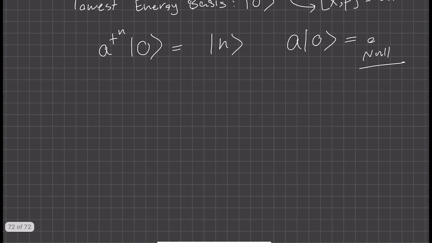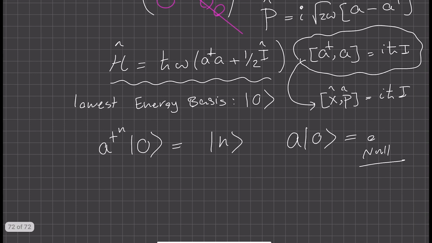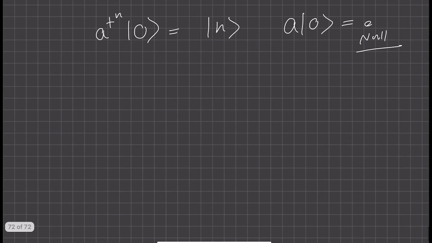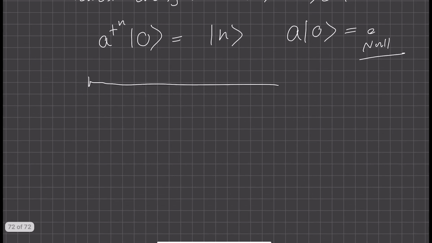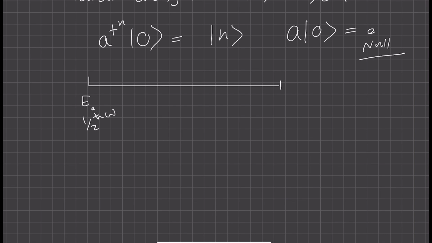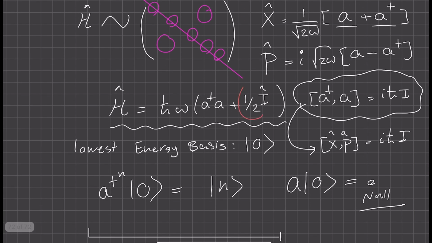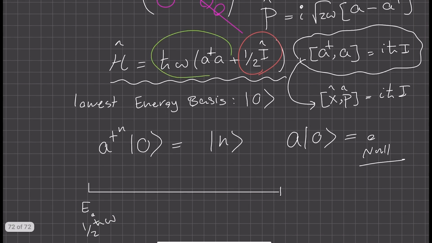Realize that when we are expressing the Hamiltonian as a dagger a plus 1 over 2, we have some ground state energy. We call it E0. And E0 is 1 over 2 h bar omega, which is coming from this part of the Hamiltonian. And the other part of the Hamiltonian is responsible for which integer level we are in.